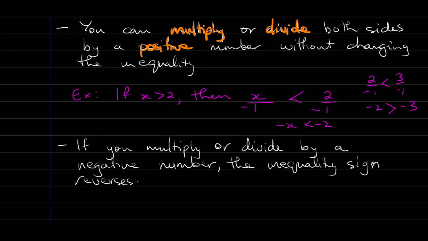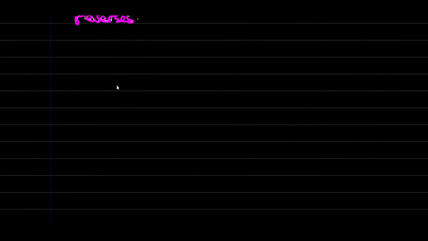So I'm just write that a little bit bigger. Multiply or divide by a negative reverses, right? So if you multiply or divide by a negative number, the inequality sign reverses. Let's quickly solve an example.